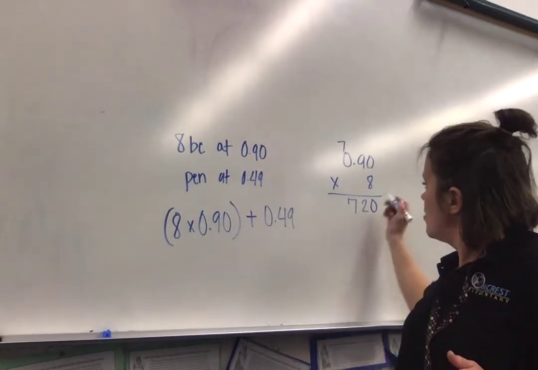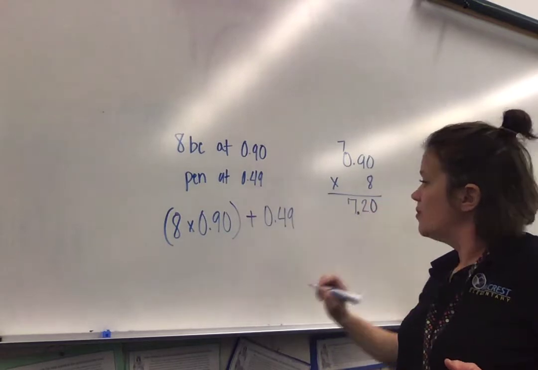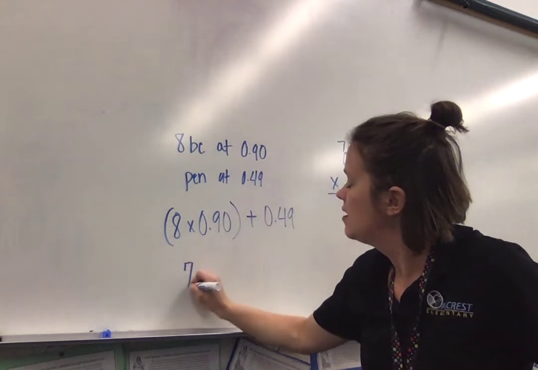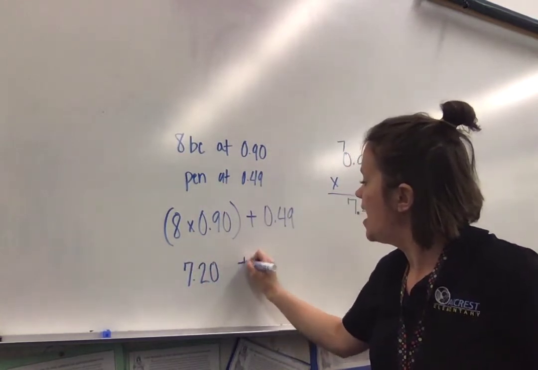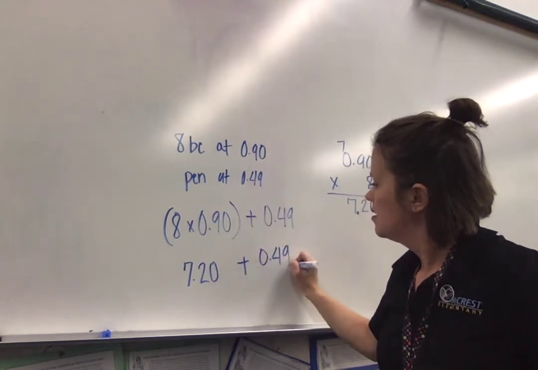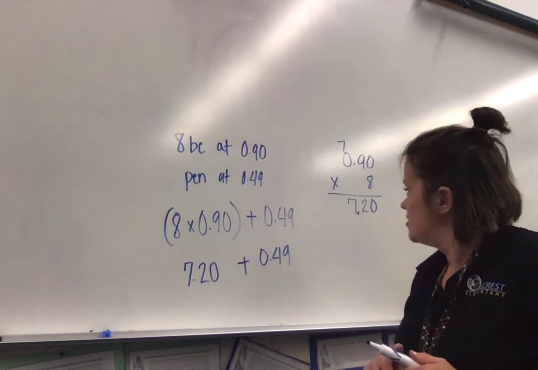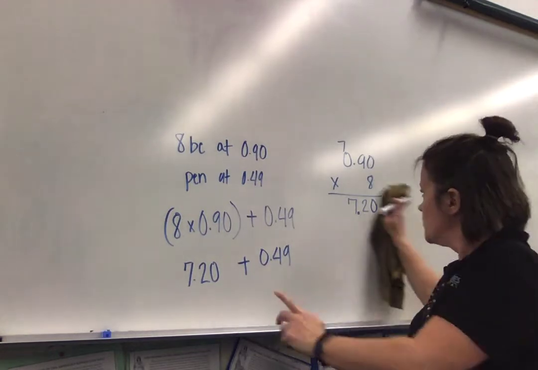So I'm going to put a decimal right here. So my answer for the parentheses section is going to be 7 and 20 cents. And then I'm going to add 49 cents. So I'm getting closer to solving the whole problem. Okay, so now I'm going to do this part.